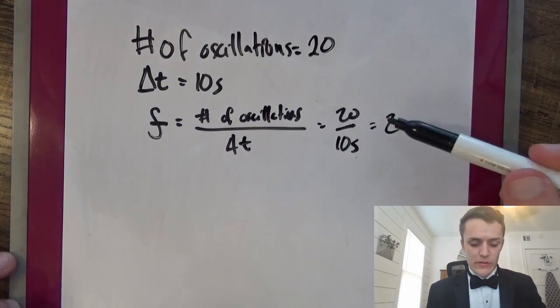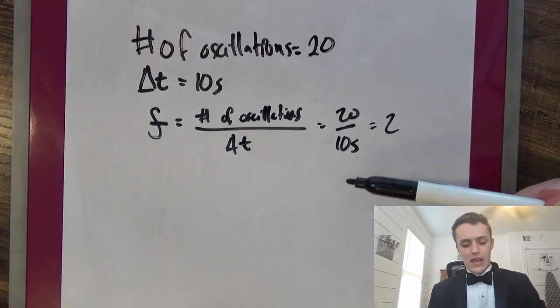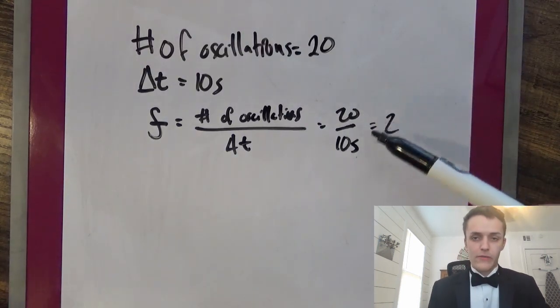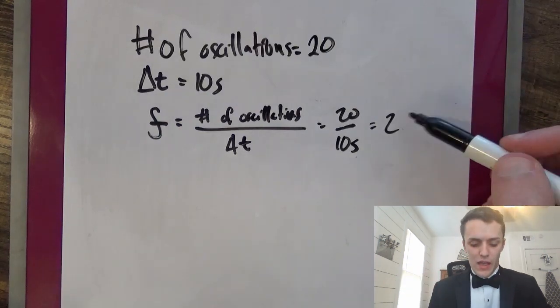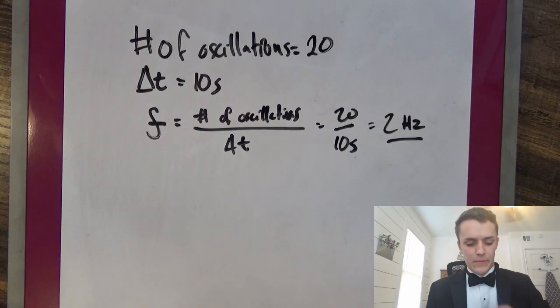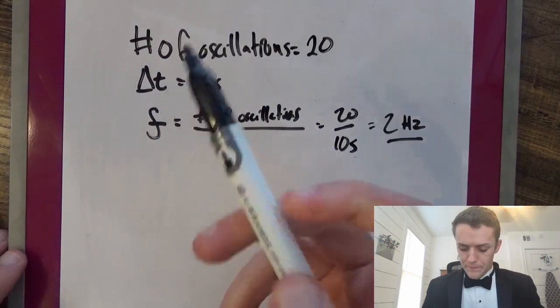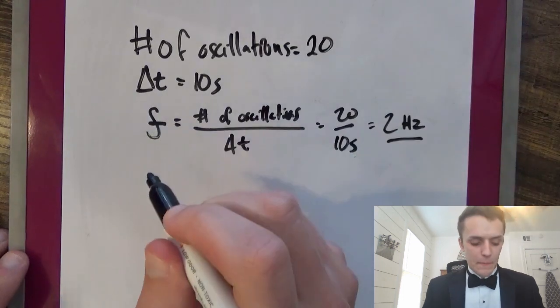So what you should notice here, 20 has no units, it's just a number of oscillations, and 10 is in seconds. So 1 divided by seconds, 1 over seconds, aka just hertz, is what frequency is measured in. All right, so that's frequency. Underline that.